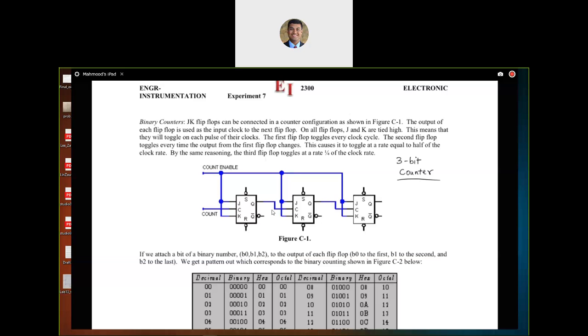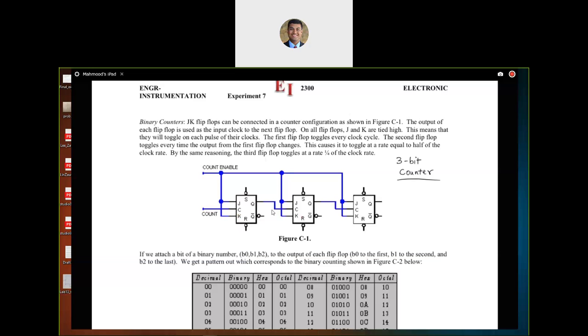So if we do that, there is a count signal that is the input of the clock for the first flip-flop, and then the output of each flip-flop actually controls the clock on the next one. And all J's and K's are connected to an input called count enable.